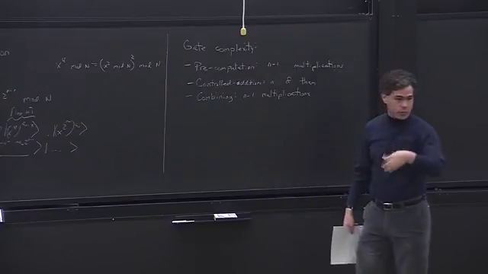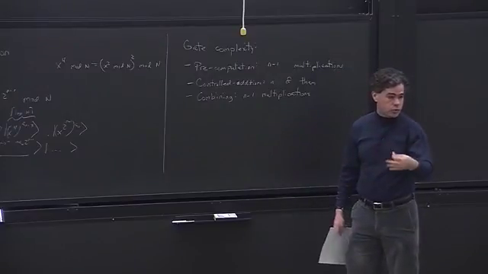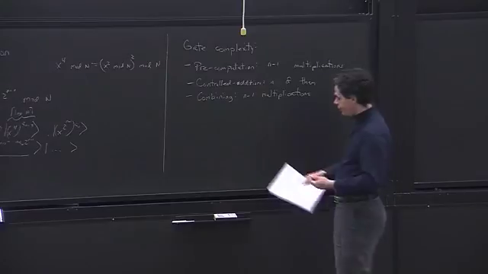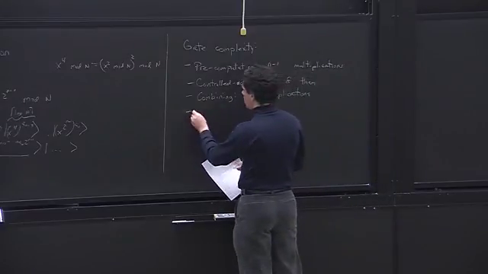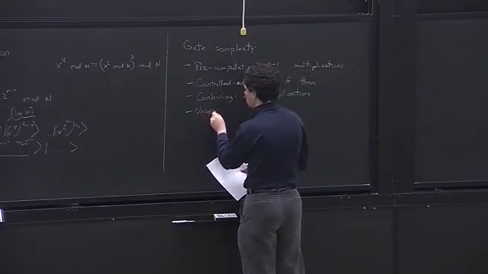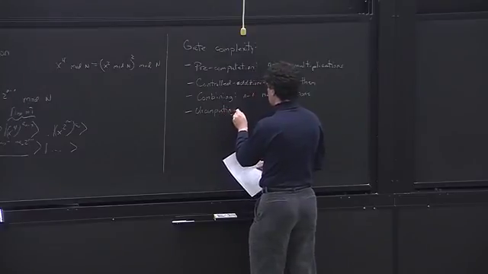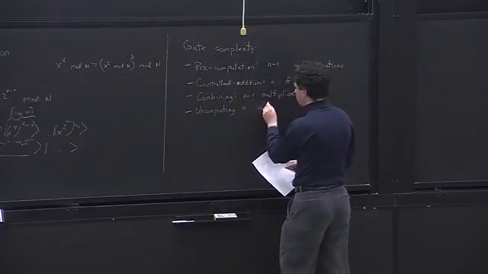And again, at every step along the way, we can reduce mod N. And then the uncomputing is, again, n controlled additions.